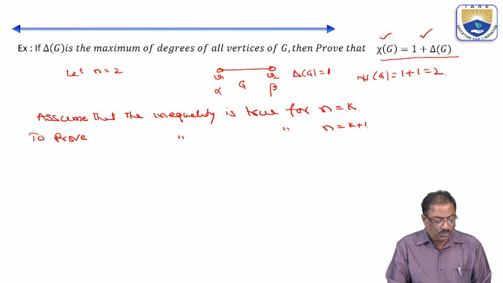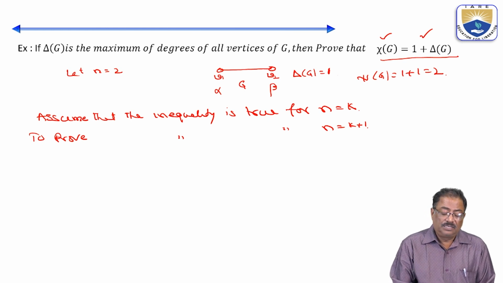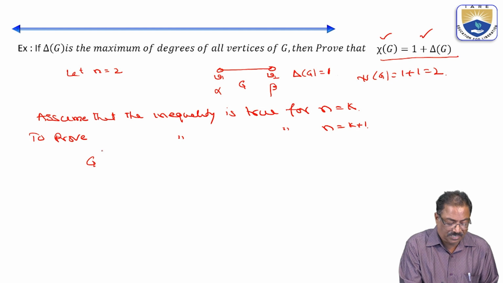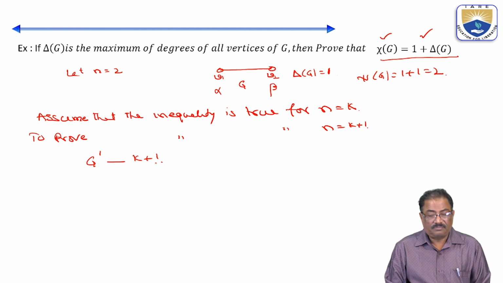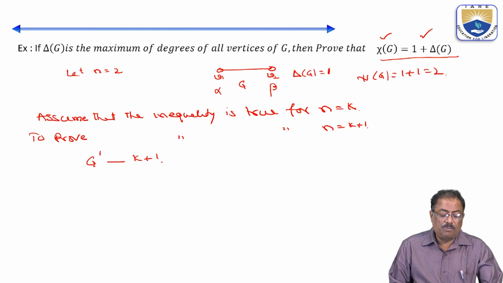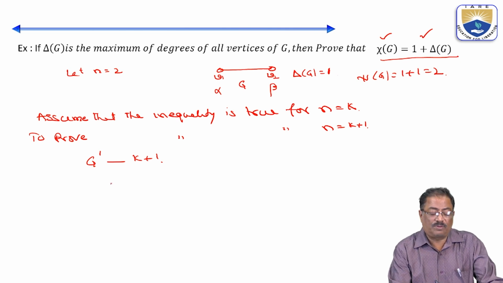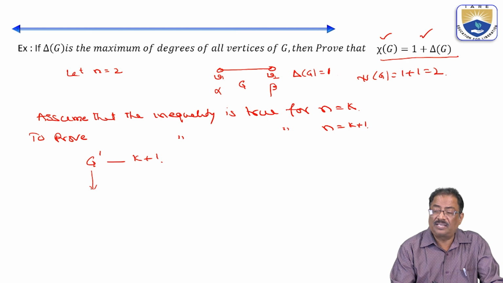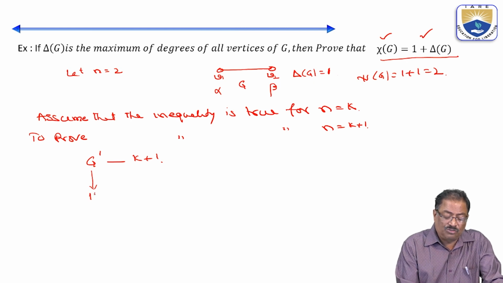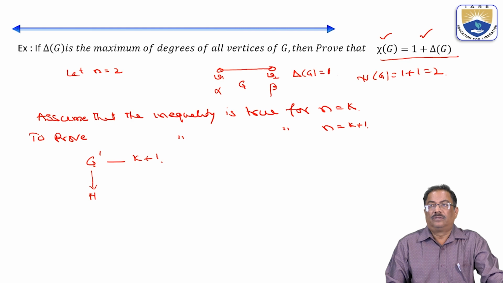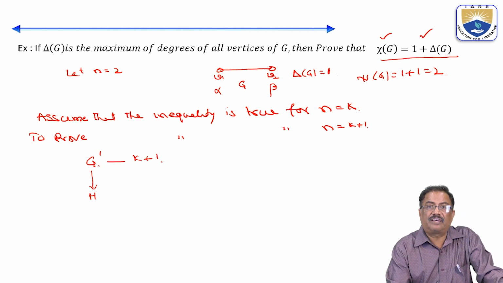So now we are going to consider a graph G dash, which is having k plus 1 vertices. If I am going to remove any one vertex from this graph, the reduced subgraph is H. G dash is a graph which is having k plus 1 vertices.